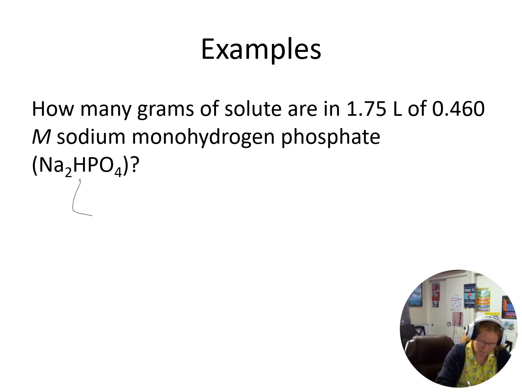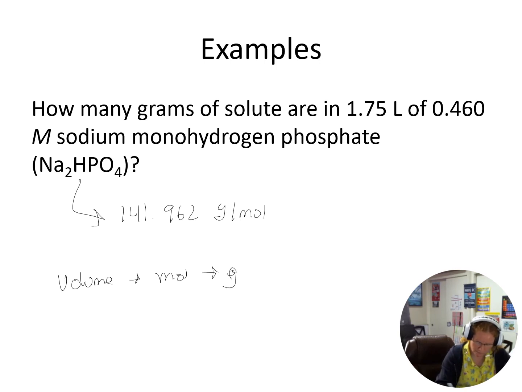So when I calculate the molar mass here, we get 141.962 grams per mole. Okay? So now we can go ahead and solve this. So we're going to go from a volume to moles over to grams. Okay?